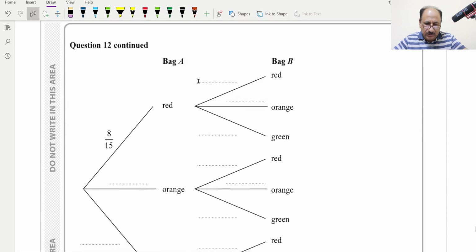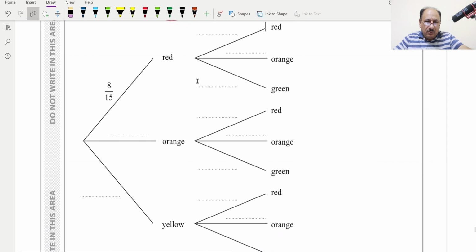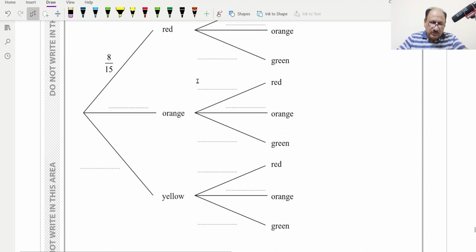So we can complete this tree diagram. This is for bag A and this is for bag B. So red, orange, and yellow. So this will be 3 out of 15. And the remaining is what? 8, 9, 10, 11. So the remaining will be 4. So 4 out of 15 will be this one.